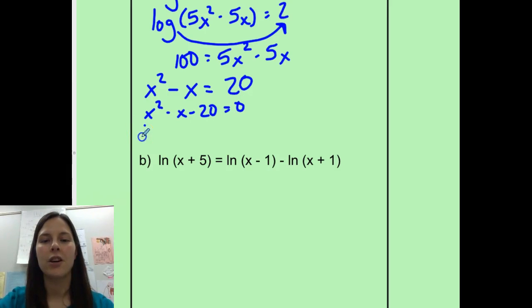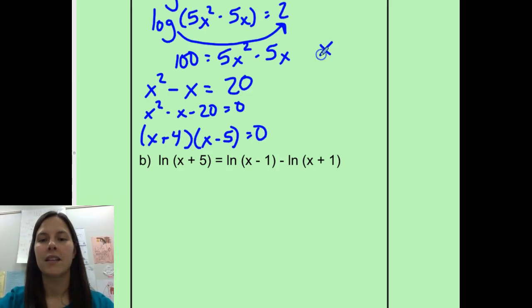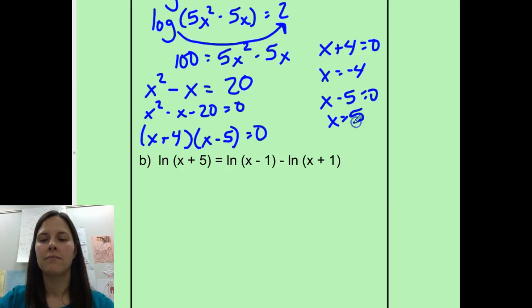I can use t-chart: what multiplies to -20 and adds to -1? We get a +4 and a -5. Setting each binomial equal to 0 and solving, I have x equals -4 or x equals 5.